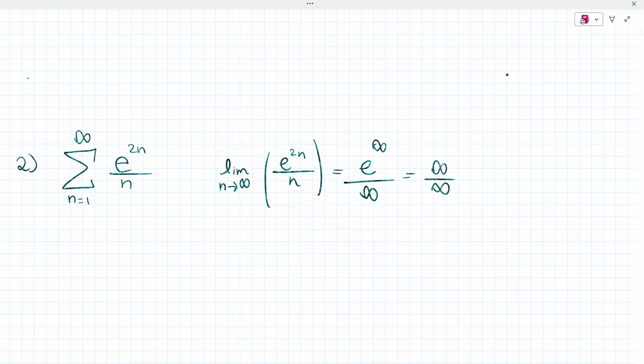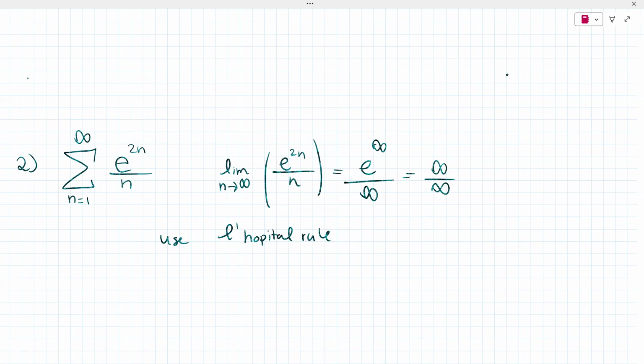So we want to get a number other than 0. We'll have to use L'Hopital's rule. Basically, L'Hopital's rule is you take the derivative of the numerator and then you take the derivative of the denominator. You might have to do it more than once until you get a real number.